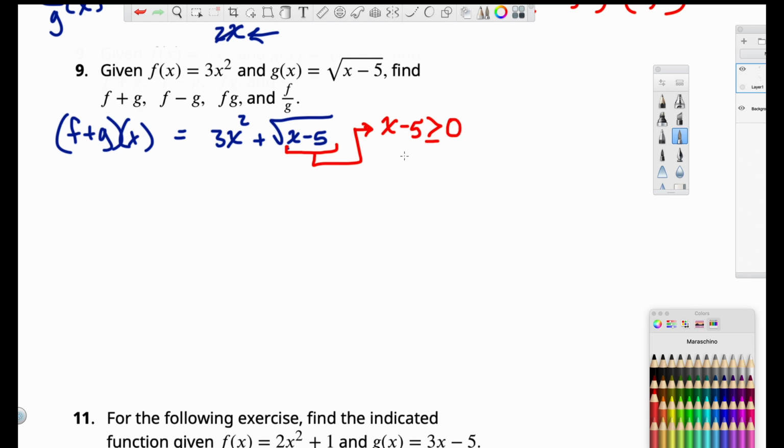Okay? So that means x is greater than or equal to 5. So 4 doesn't work, because that would give me a negative 1 under the radical. 5 would be 0, that's okay. So we do have a domain constraint here. So that means we're at 5, let's make that a bracket. It includes 5. And we're going everything to positive infinity.